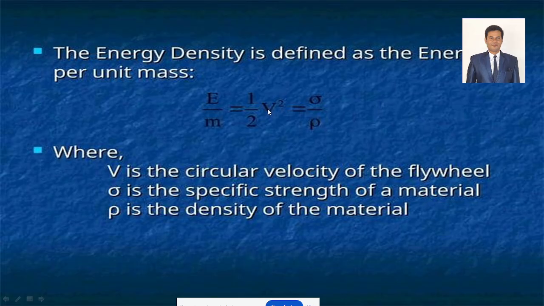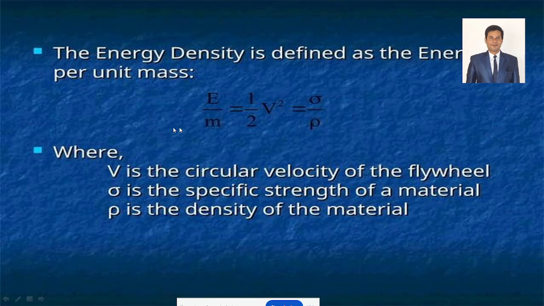Here m is the mass and v is the velocity of the flywheel, which stores the mechanical energy. M is the mass of the particular system, and v is the velocity of the flywheel. Sigma is the specific strength of the composite material, and rho is the density of the material.